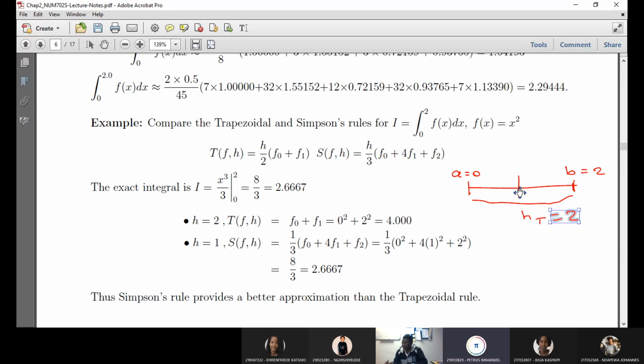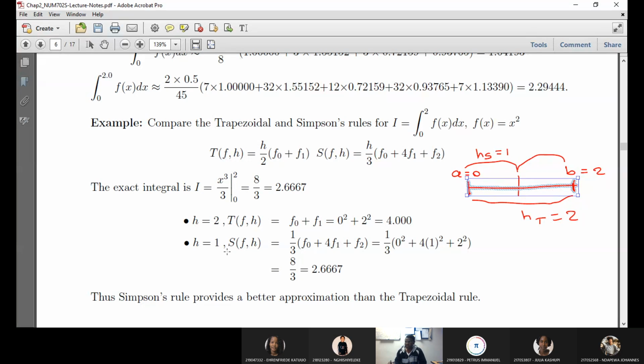So we have the first step here and then the second step there. So a single step here for Simpson is this one, 2 divided by 2, which is 1. I hope you understand now why here we say H is 1. This is the explanation. Okay, so h is 1.